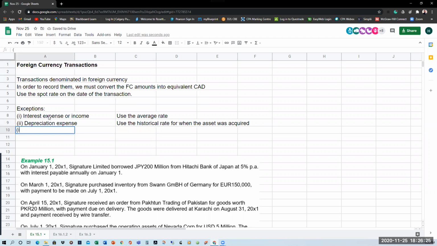And if you have high volume of recurring transactions, an example might be sale of crude oil via pipeline, right?